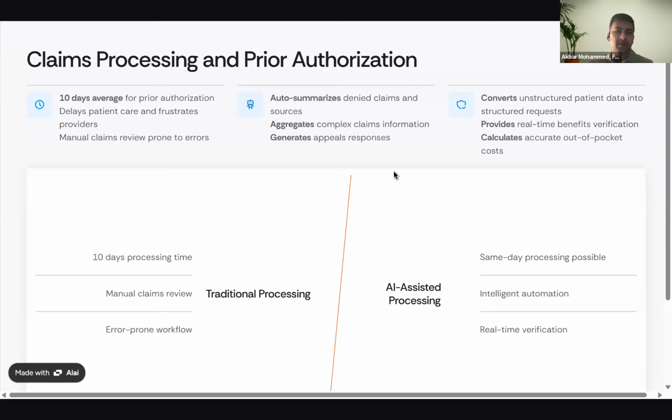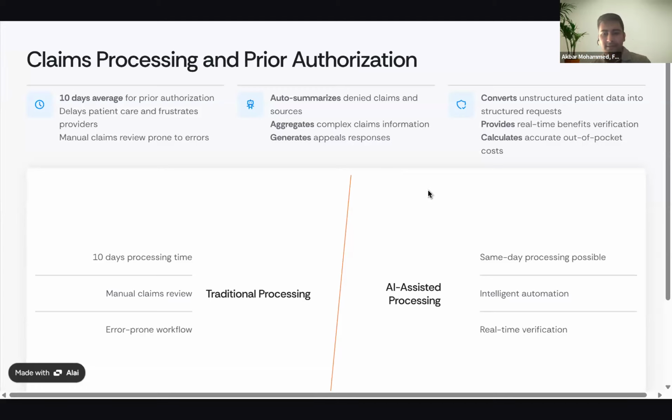And if there's an issue, it'll probably even ask you, hey, I think XYZ is missing. Can you give me those details? And it'll process it within the same day. Instead of you having to wait for a person to review it, you have these systems now, mostly powered by AI, that can do this immediately.